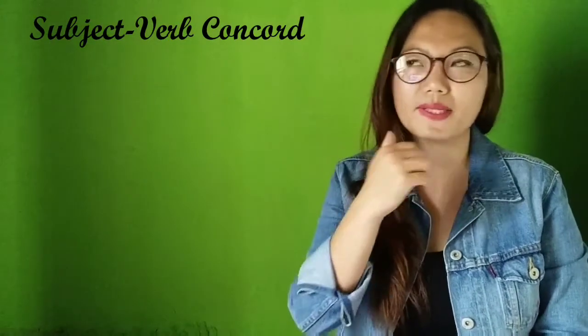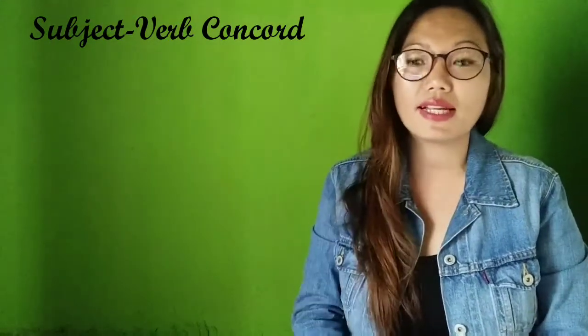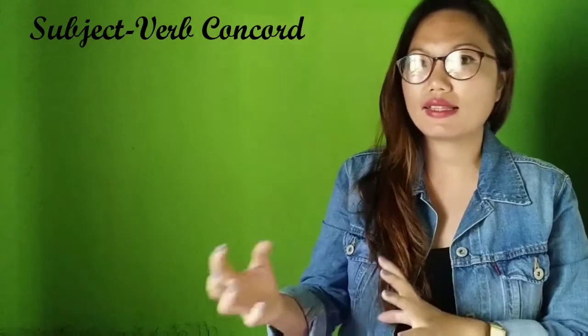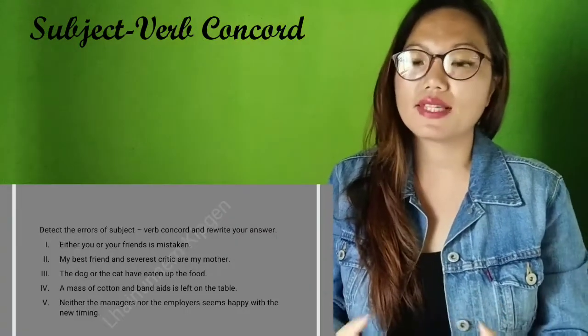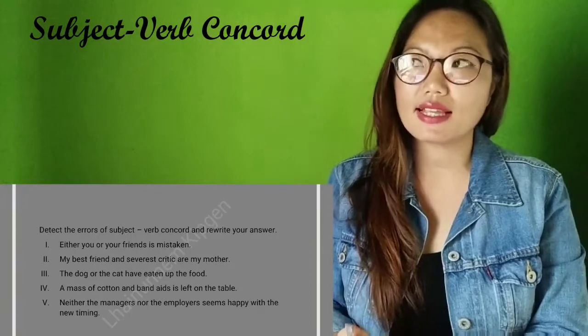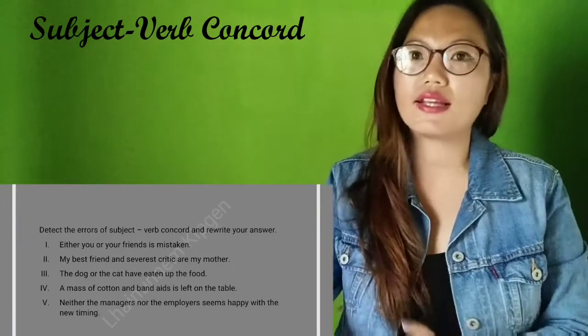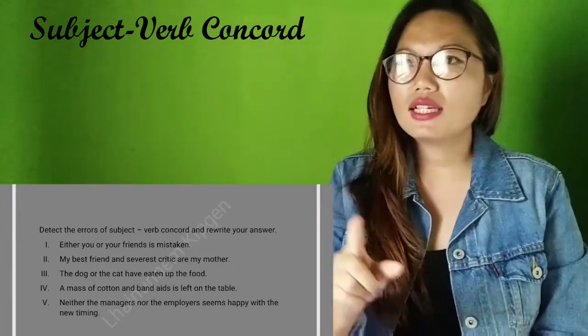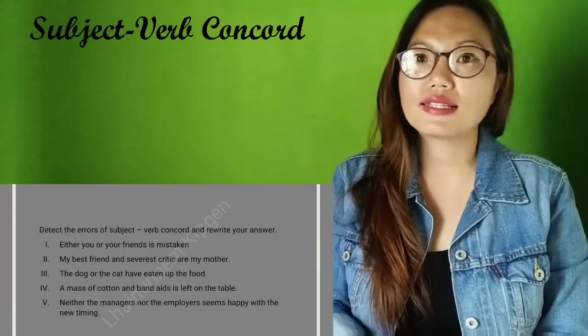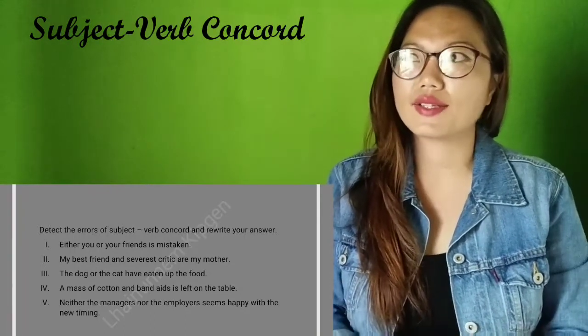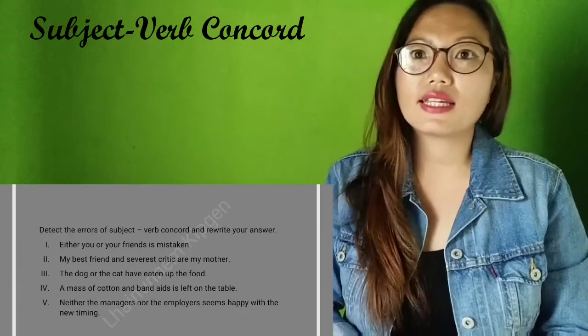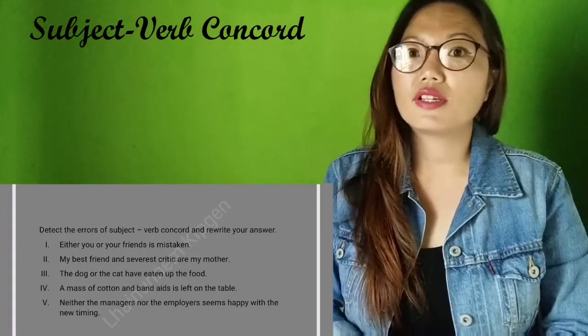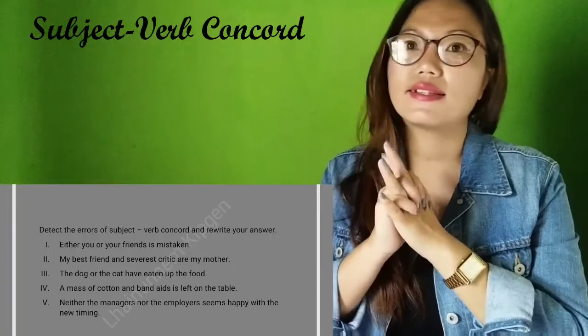I'm going to put up some simple questions where you detect errors of subject-verb agreement in the given sentence, then correct the error and rewrite it. Only the verbs used in the sentences will be wrong, the rest is correct. So you try to detect the error in the use of verbs in the sentence and then correct it.